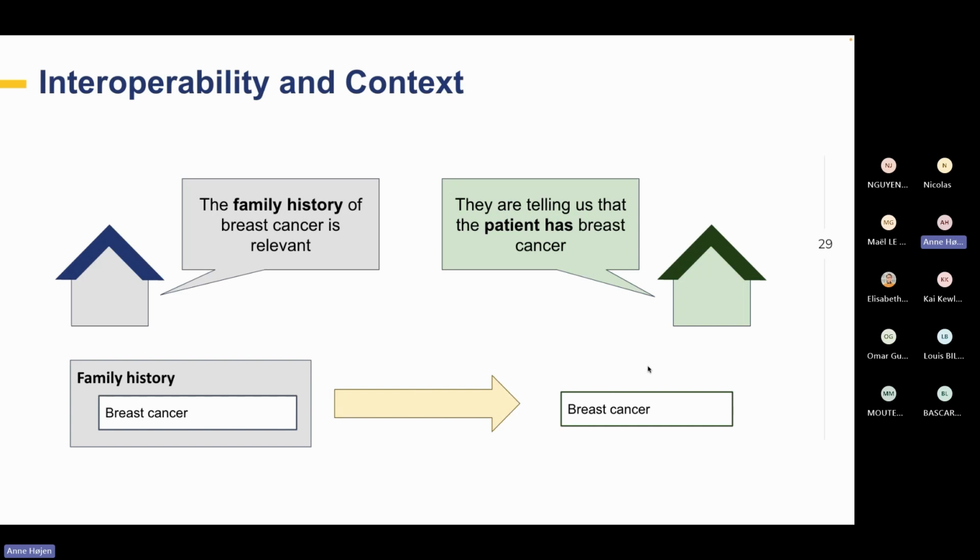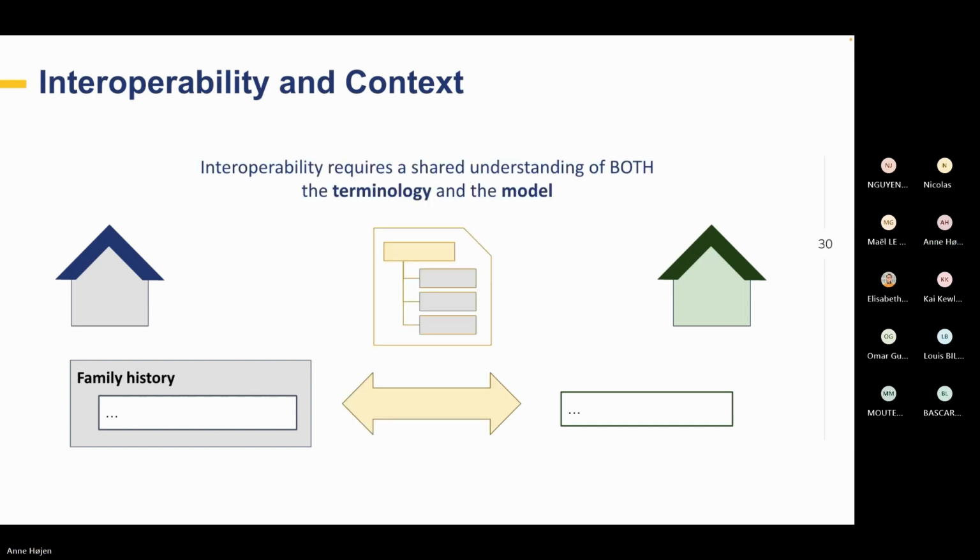But if we just forward the code in isolation, the receiving system has no way of identifying that this was captured in a family history context. So just by looking at this, the receiver would interpret that the patient has a breast cancer when that's not the case.